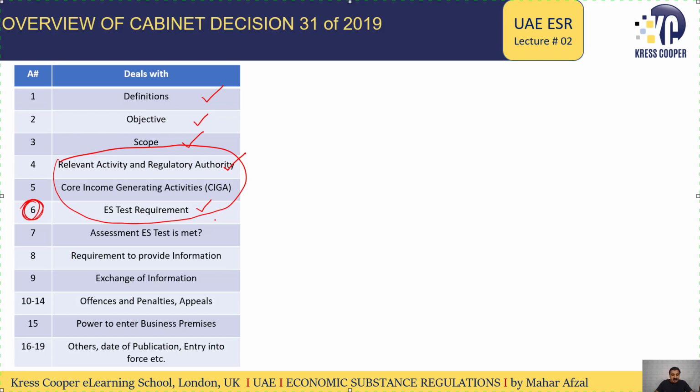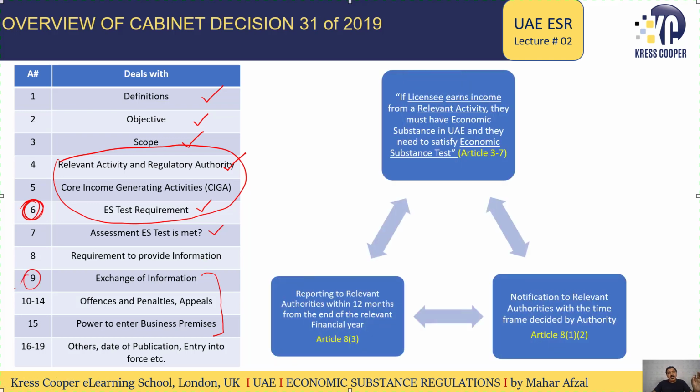Then how can we assess that economic substance test has been met? It will be decided by the relevant authority. If this is not being met, it will be subject to fines and penalty. There is some sort of requirement for exchange of information as well. So if I'm going to take the very high level overview, I can say if a licensee earns income from a relevant activity, they must have economic substance in UAE and they need to satisfy economic substance test.